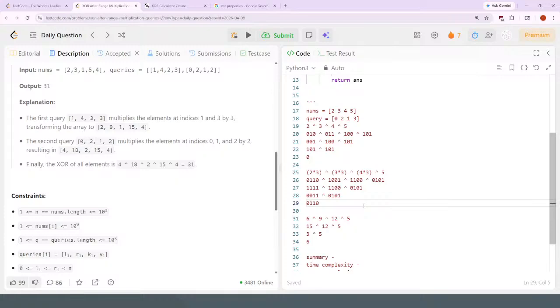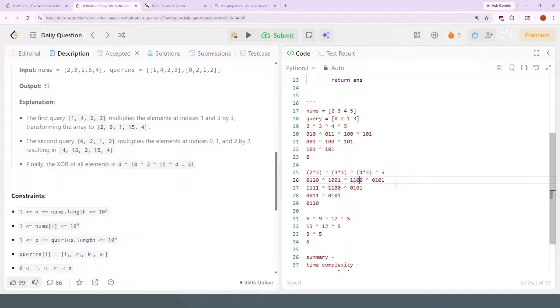Is there any pattern there? When I multiply it by 3, is there any pattern between before and after multiplication by 3?